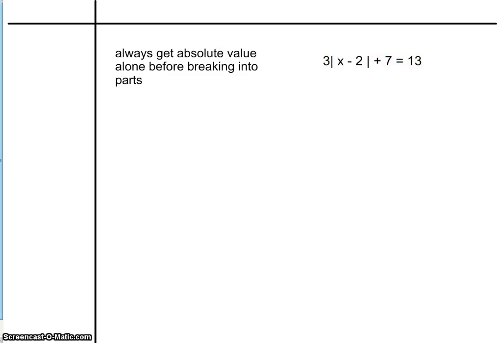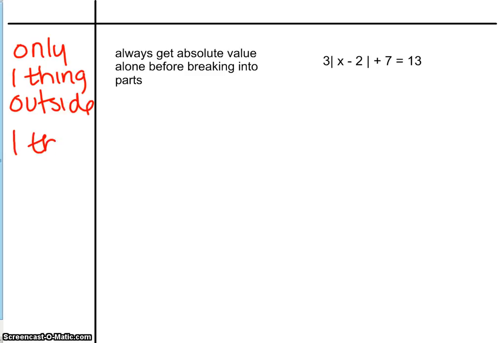I want to get it so that there's only one thing outside and one thing inside. The one thing inside is not going to be that big a deal. But I want to get so there's only one thing outside. So always get your absolute value alone first before we break it up.